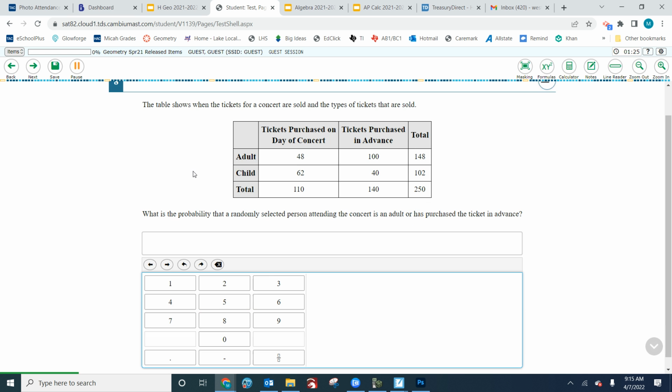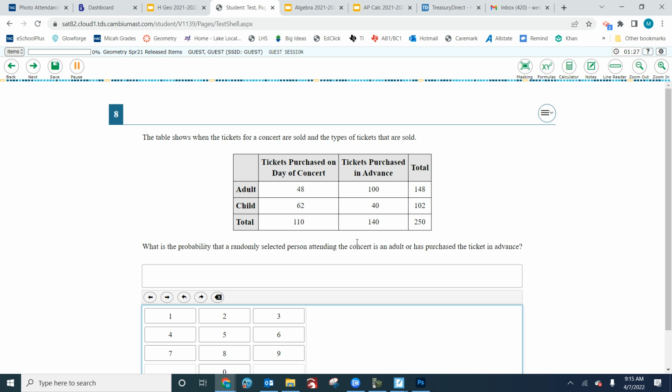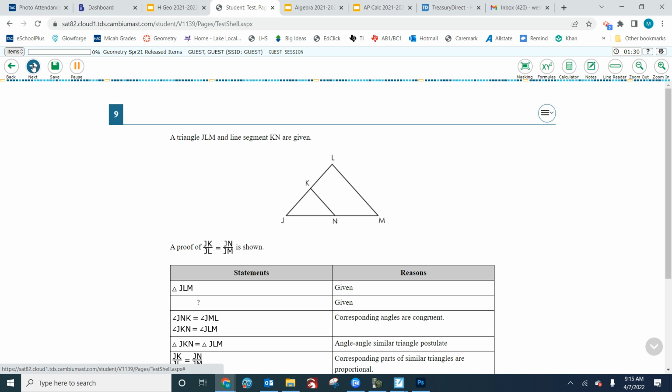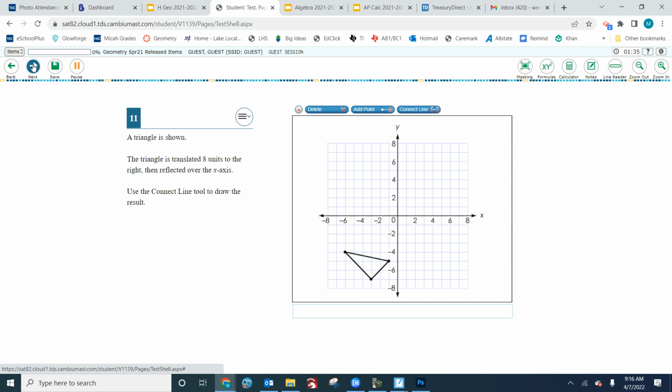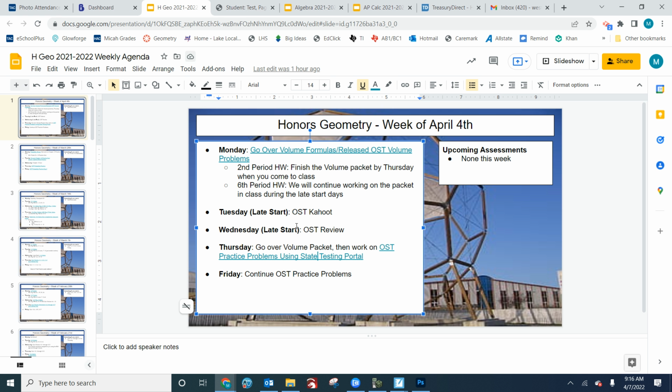Did we do this one? I think we already did that one in the probability packet. Yep. 9, and 11. All right, so the problems for tonight: 1, 4, 6, 7, 9, and 11.